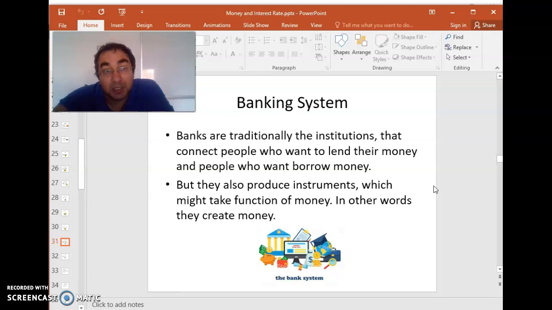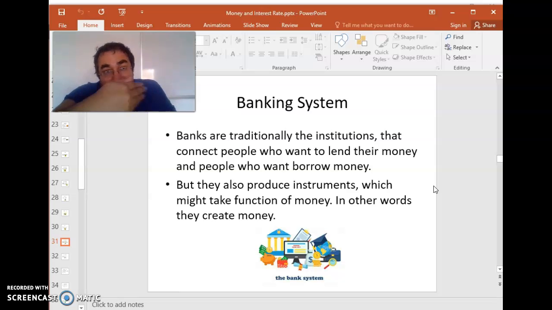So one of their functions is the creation of money. When central banks print money and hold the amount of fiat money in the economic system at a constant amount, from this fixed amount of fiat money, banks are able to create more money.